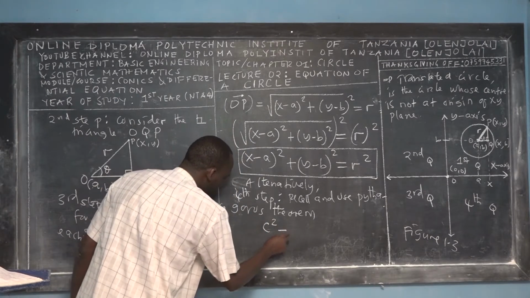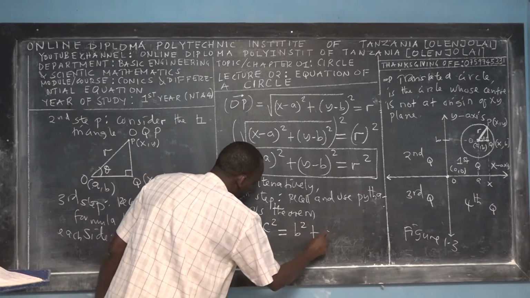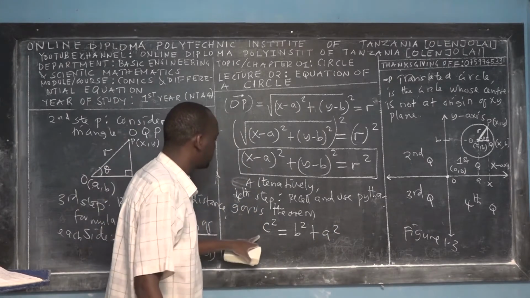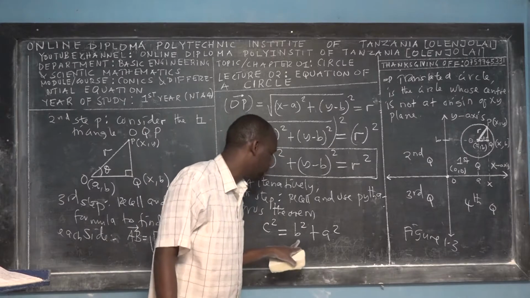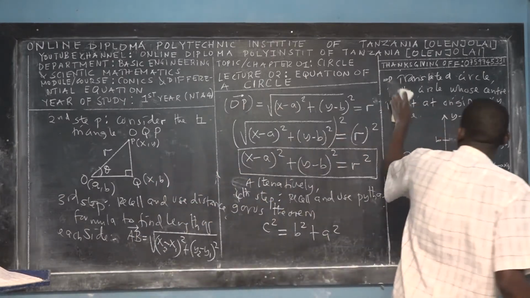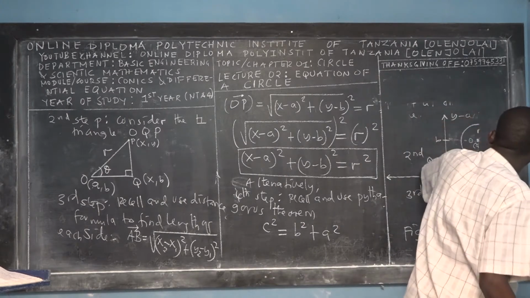Just to remind you, c squared is equal to b squared plus a squared. So c is the hypotenuse, b might be the adjacent, and a might be the opposite of the right angle triangle.